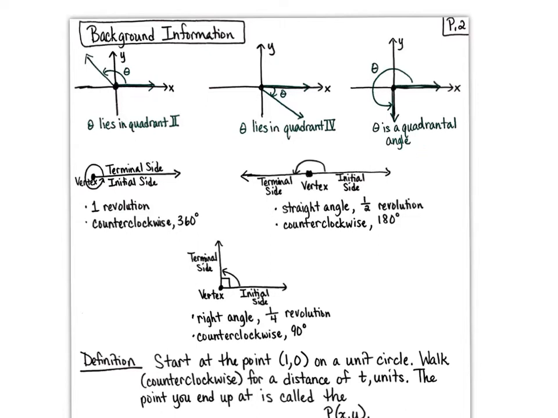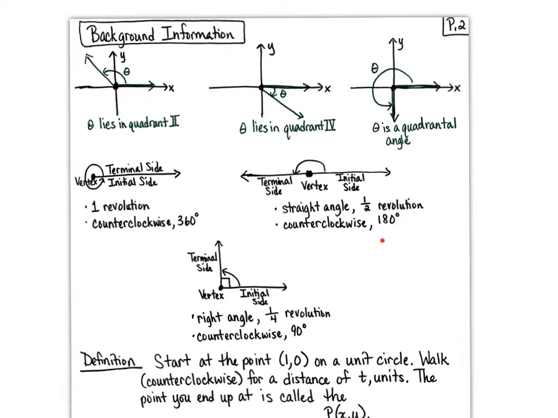Okay? Now, here's another one. Your vertex is here. Your terminal side and your initial side are the same. Notice that this gives you one complete revolution. This is a counterclockwise rotation, also 360 degrees, or 2 pi radians, okay? Here, you have a straight angle, which is 1/2 of a revolution. It's counterclockwise, 180 degrees, or what radians?